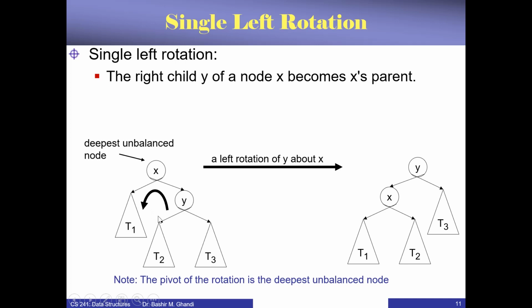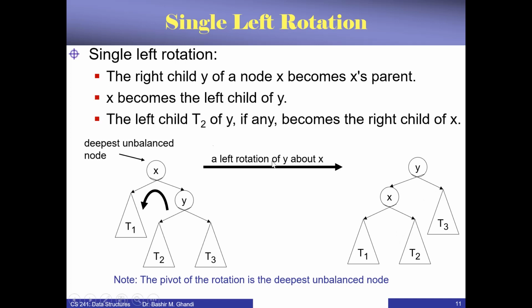It becomes the right child of x. This is what the two statements here are saying: x becomes the new left child of y, and the former left child of y, T2, becomes the right child of x. This is called single left rotation.